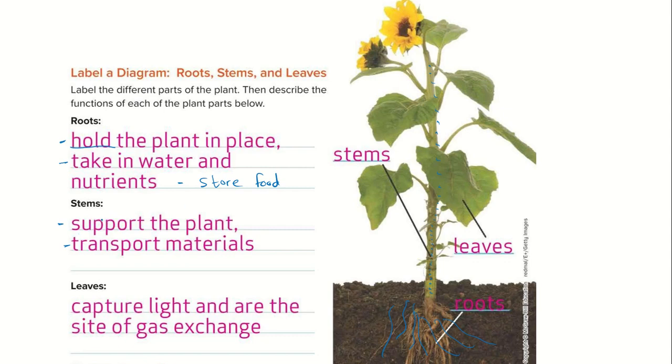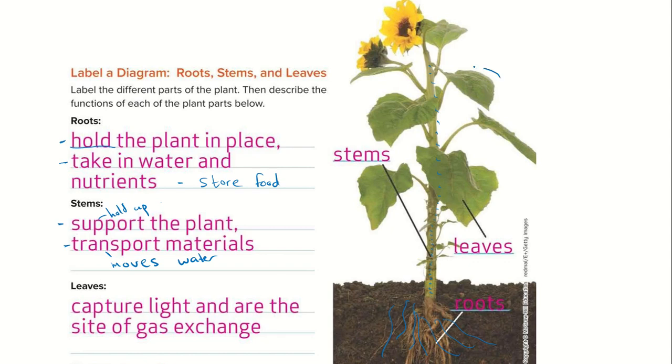It is holding up. Support means to hold up the plant. If you cannot learn the spelling of the word support, learn hold up. If you cannot learn transport, learn move. Transport means to move. Okay, so it moves water in the plant. It holds up the plant.